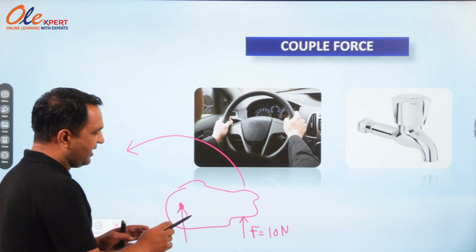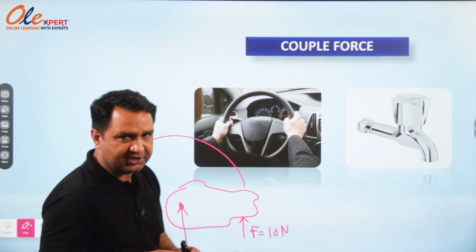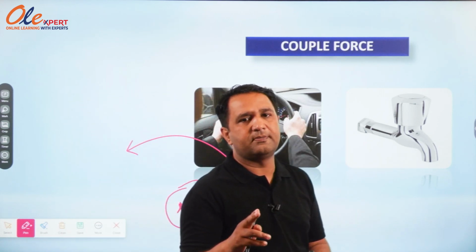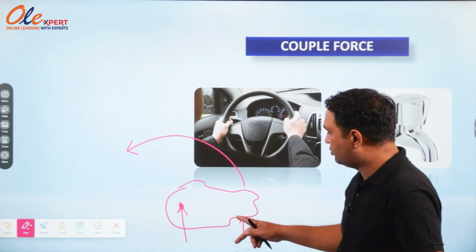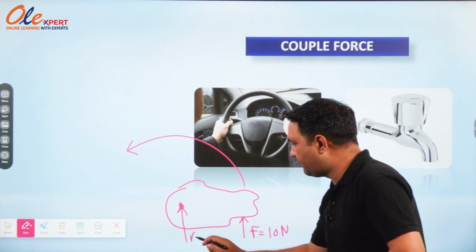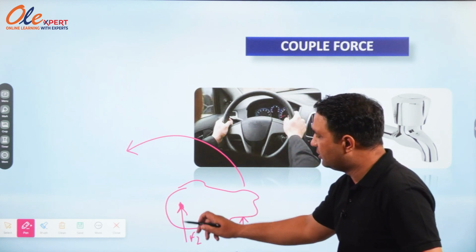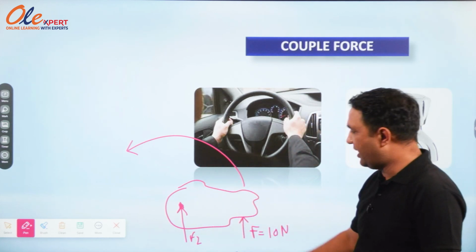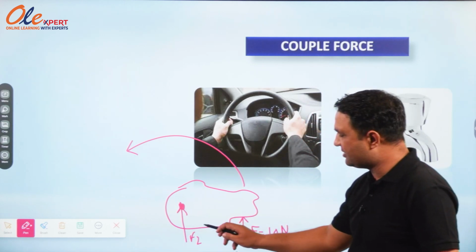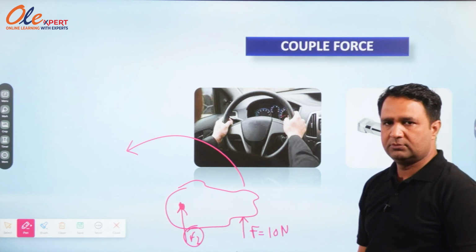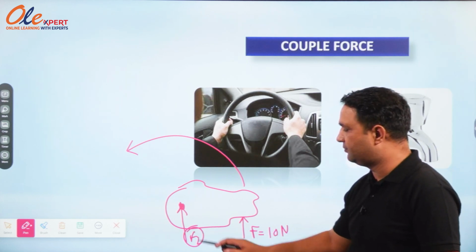Whenever there is a rotation, two forces must be applied. In this case too, two forces are applied, but one force is passing through the pivoted point. That's why its perpendicular distance will be 0, so it is not considered here.